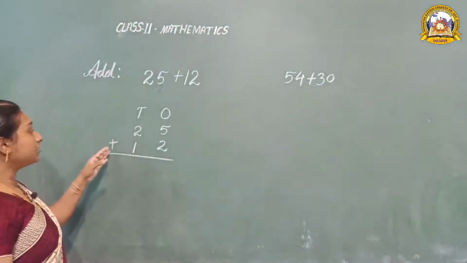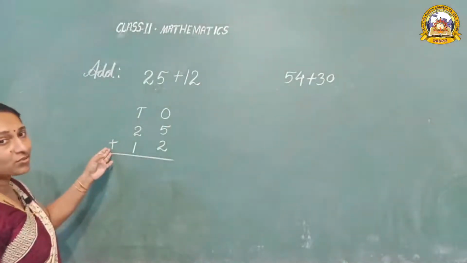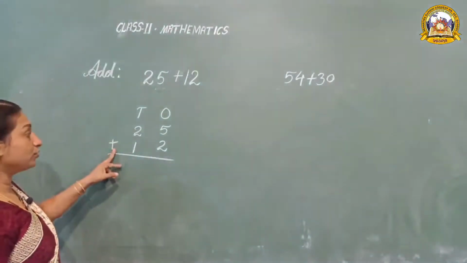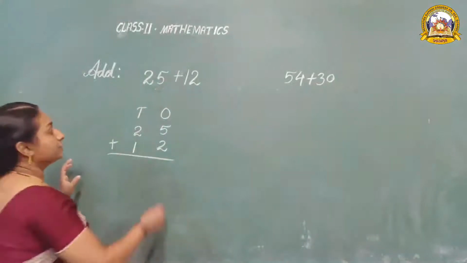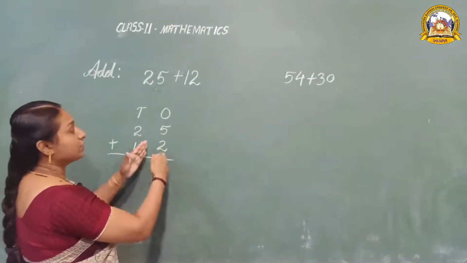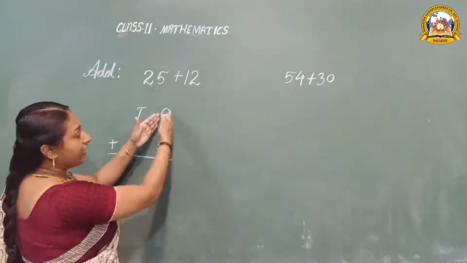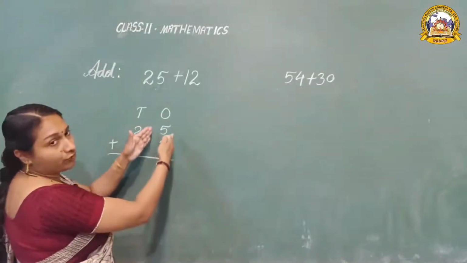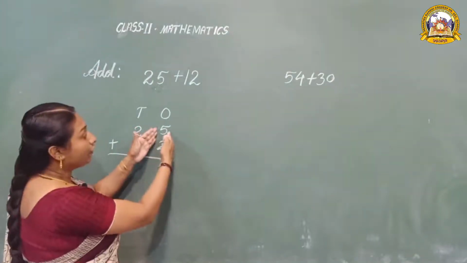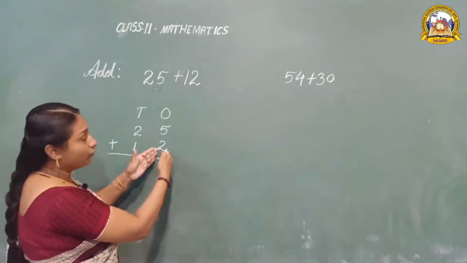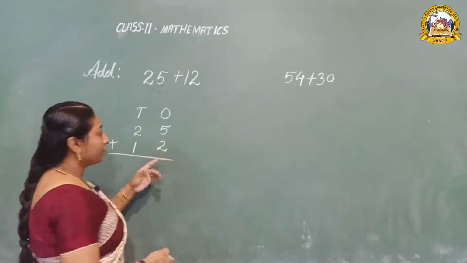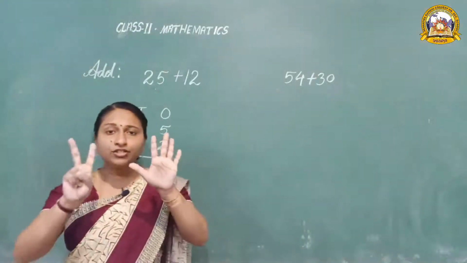Now let us add these numbers. To add the numbers, which sign is used? Yes, this sign is used to add the numbers. Here, first we have to add the ones. We have to find the total of the ones. 5 ones plus 2 ones. 5, then 2.